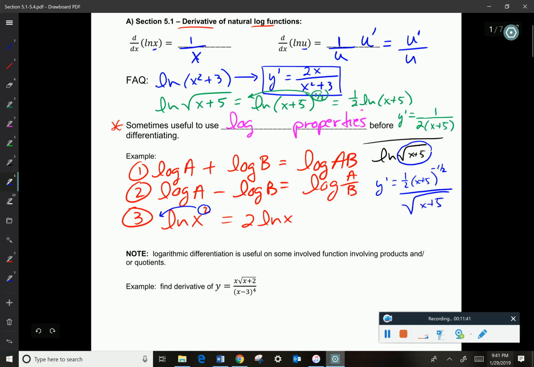So it's not impossible, but look how much uglier this is, how many more places for mistake than this. Okay, so definitely use the log properties to make it seem a little more basic before you do the derivative. And basically that right there is what the majority of the homework looks like, the idea of using a quick log property and then applying your rule.